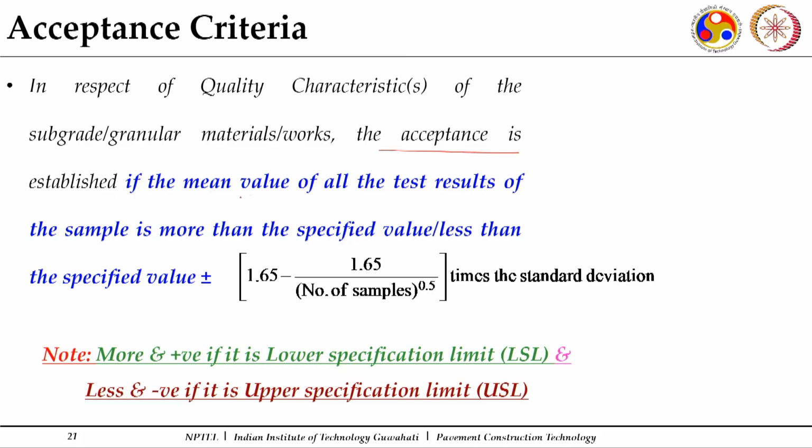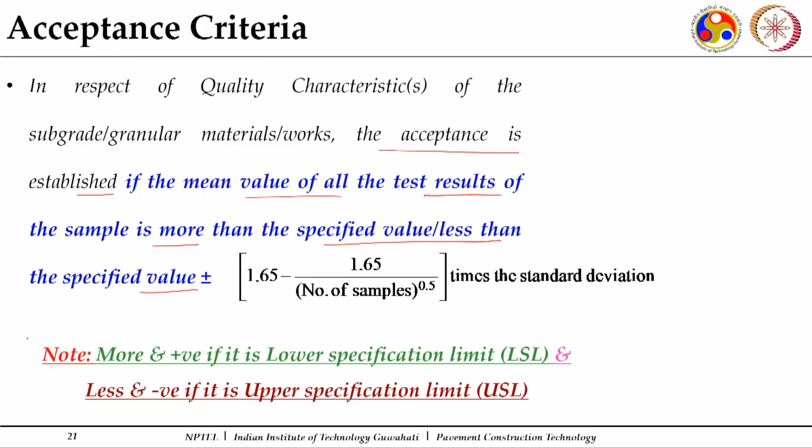So, the acceptance criteria is that the mean of all test results of the sample is more than the specified value, or less than the specified value. These are the two cases: there can be an upper specification limit and a lower specification limit. Specifically, if we are checking the compaction density, it will be the lower specification limit only.